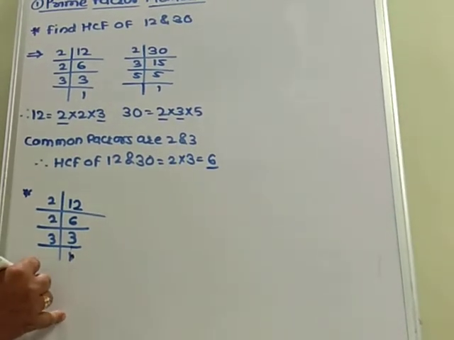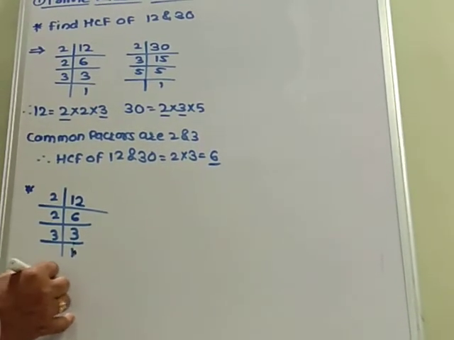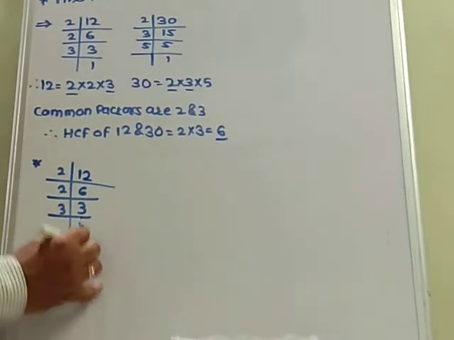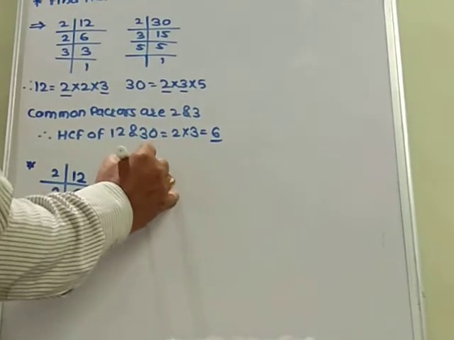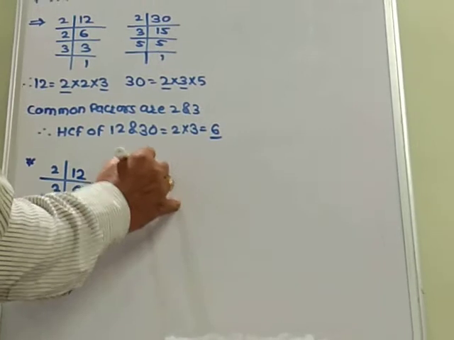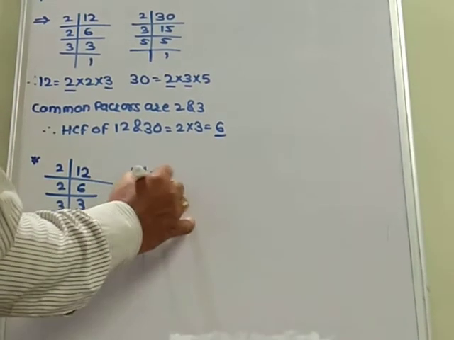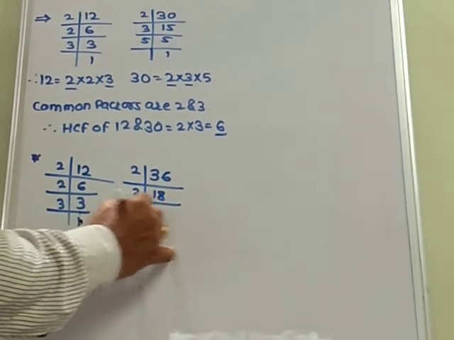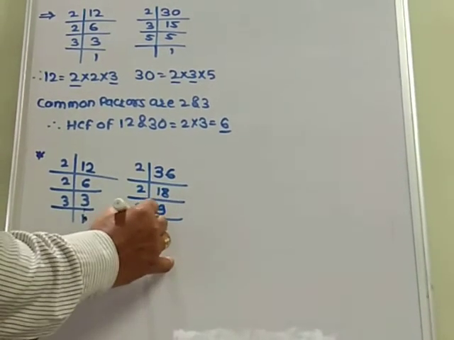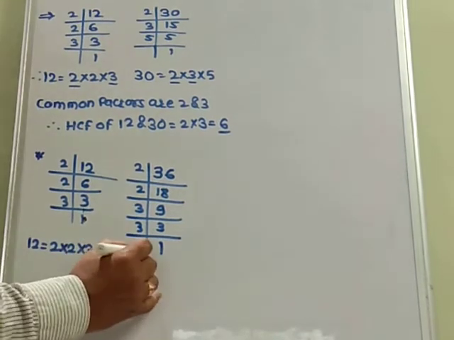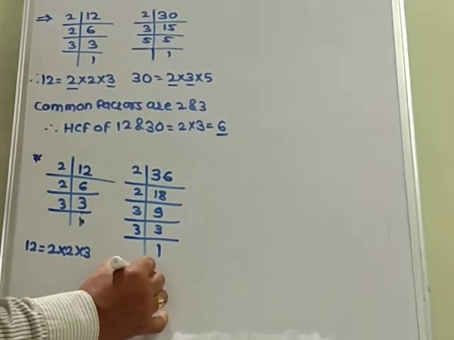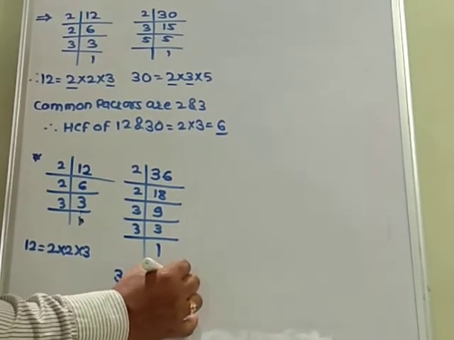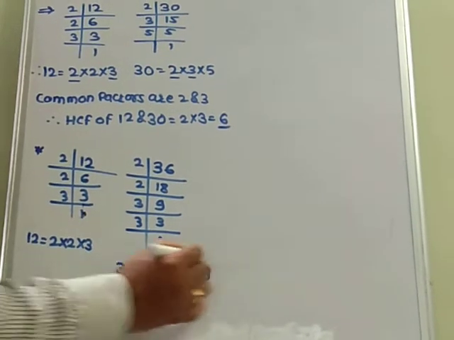That means 12 is equal to 2 into 2 into 3. Similarly, 36. That means 36 is equal to 2 into 2 into 3 into 3.